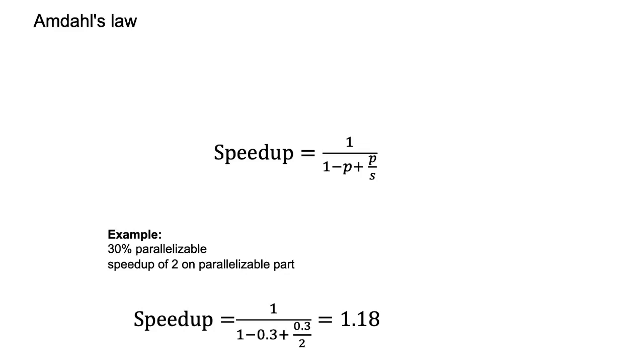Because not everything was parallelizable, if all was parallelizable, you would have a speed up of 2. But since we can only improve the part that is parallelizable, my overall speed up is 18%, as opposed to 100%. So this is something you need to be aware of. Parallelizing helps, but it only helps on the part that is actually parallelizable, not on the rest, right? For whom does it make sense?